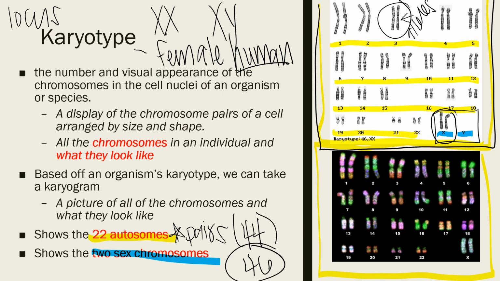So for example, if I wanted to look at a karyotype and determine an individual's eye color, what I have to do first is look at chromosome 15. Looking at chromosome 15 will tell me if that individual has a brown or blue gene for eye color. Once I look at chromosome 15, I then look at chromosome 19, and it tells me if that individual has a gene for blue or green eye color.